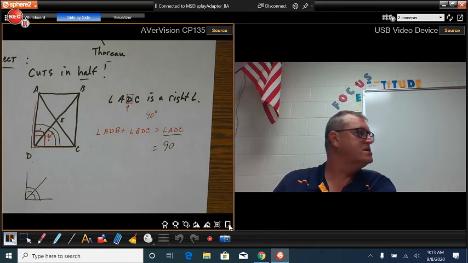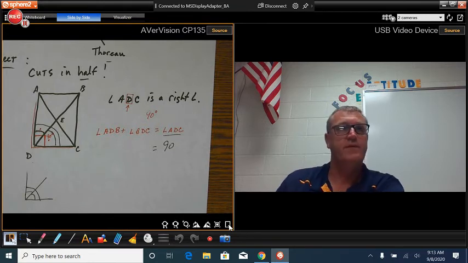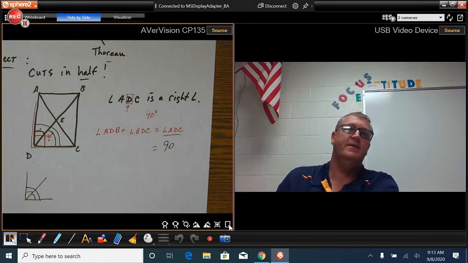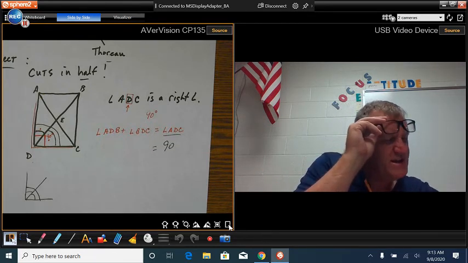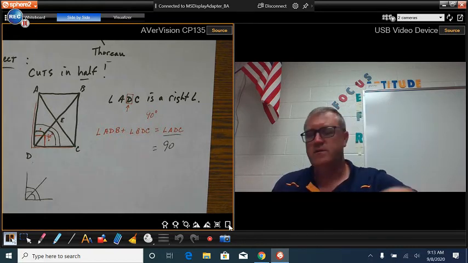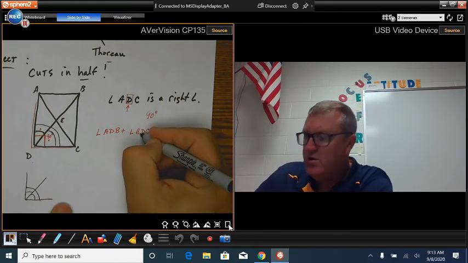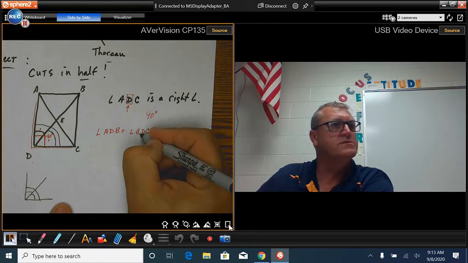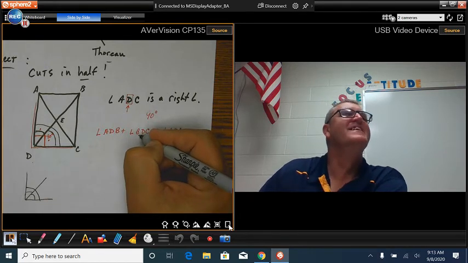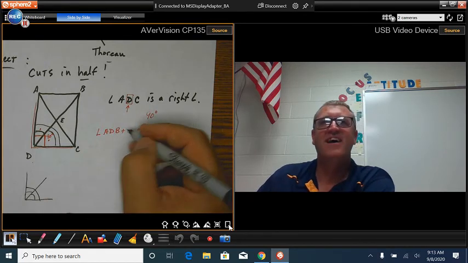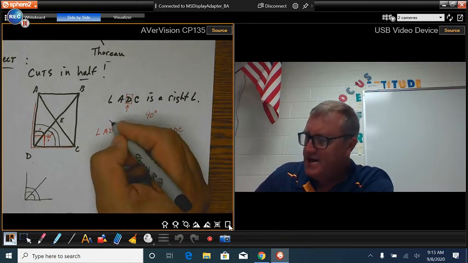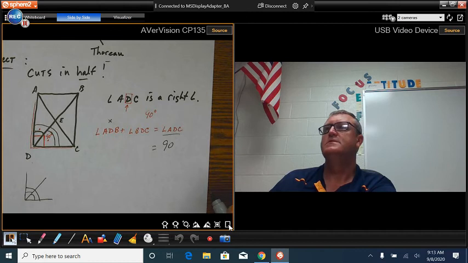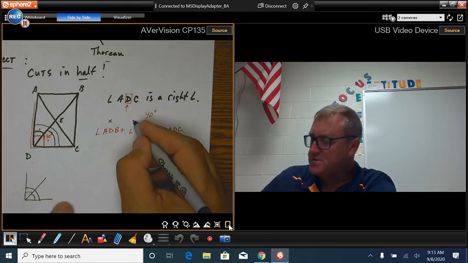And then I just learned that one of the angles is 32 degrees larger than the other one. I just got to make sure I get it right. Which one's which? It says measure of angle BDC is 32 greater. That means this angle is 32 degrees greater than the other angle. So if this angle is x, then this angle is going to be x plus 32.